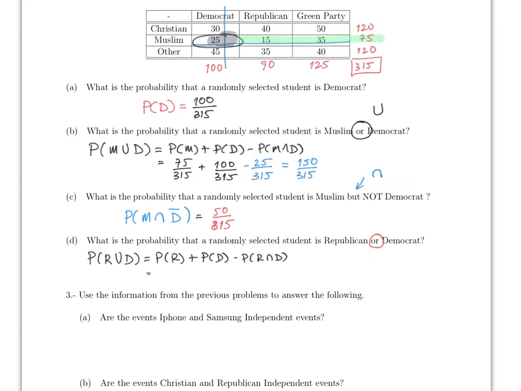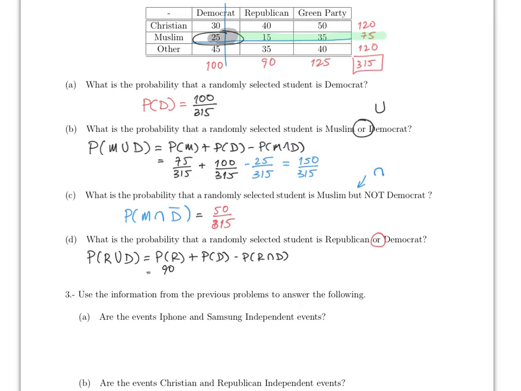According to the list, it's 90, right? How many are Democrat? 100. Now, how many are Republican and Democrat? 0. 0, right? Because they are mutually exclusive. You cannot be Republican and Democrat at the same time.